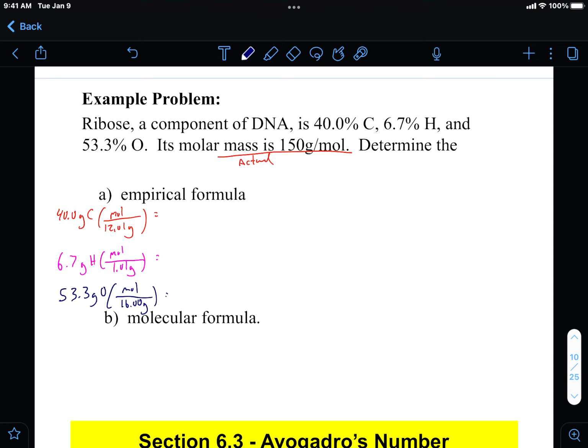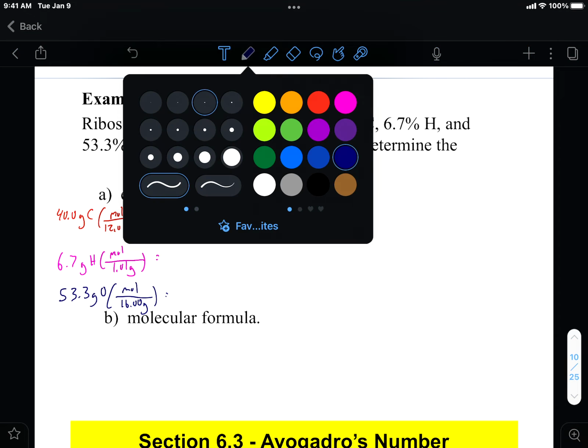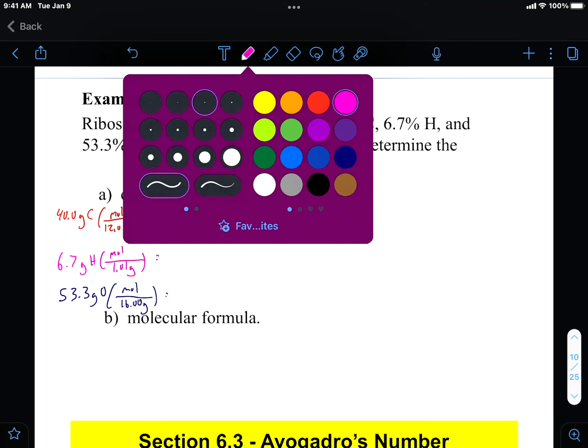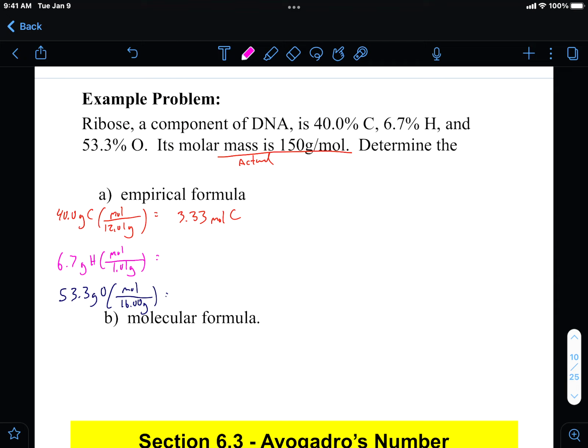All right, so let's start churning some numbers. Okay, those are my moles of my 3 elements.